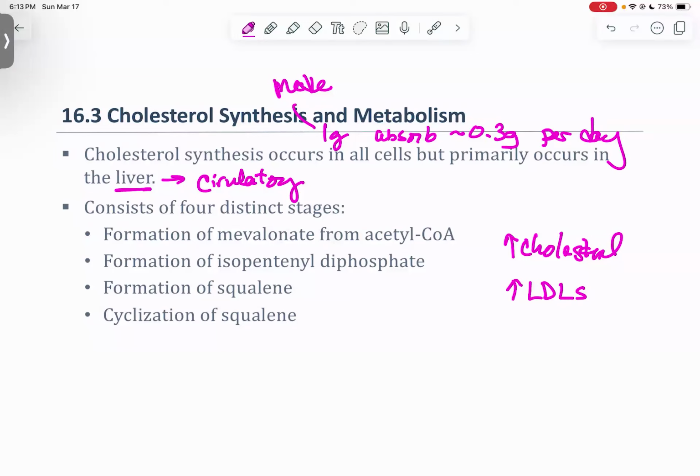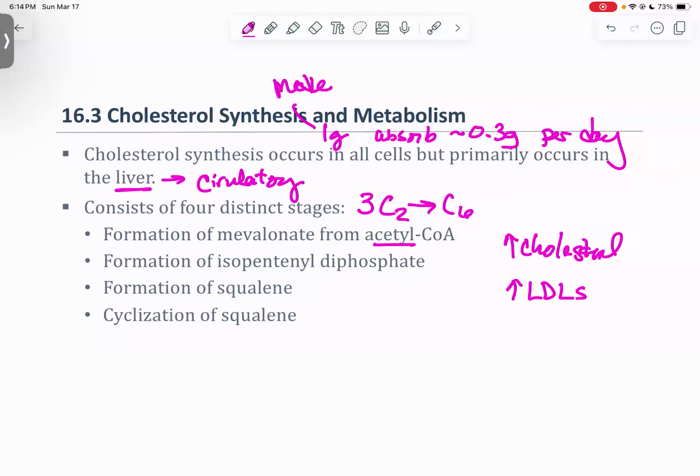When cholesterol is made, it's made in 4 stages. Initially, you're going to start out with 2 carbon units, with acetyl-CoA. So you're going to start with 3 two-carbon acetyl-CoAs, and that's going to turn into 1 C6 molecule.